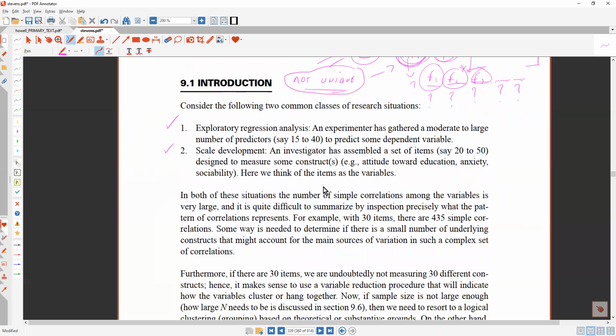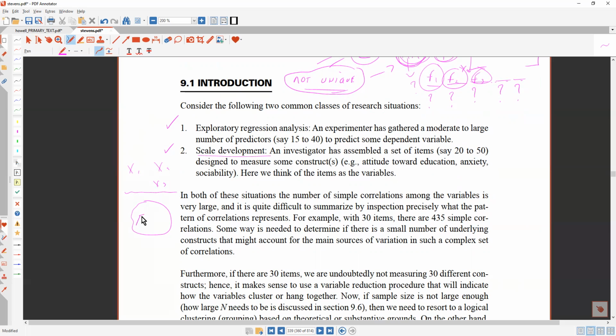Scale development is really popular for factor analysis, because remember that theoretical rationale for factor analysis. You have X1, X2, X3, and then underneath, maybe a latent idea.